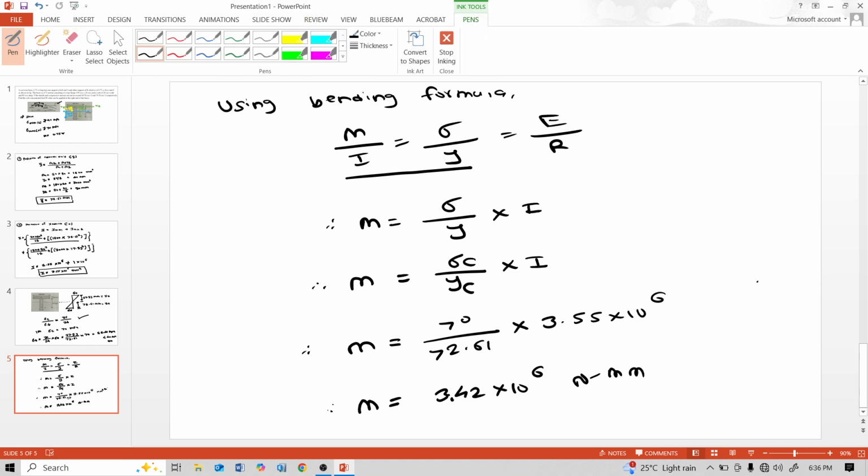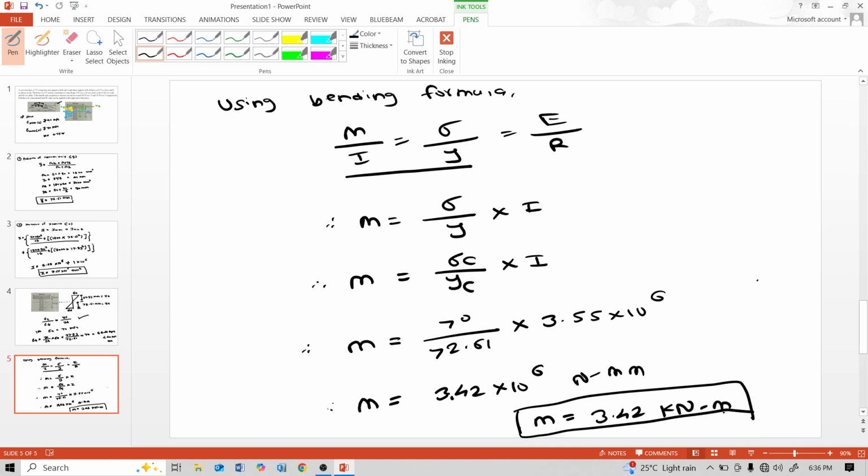Convert this Newton mm value into kilonewton meter. That means 3.42 kilonewton meter. This 10 raised to 3 gets cancelled for Newton to kilonewton, and 10 raised to 3 again gets cancelled for mm to meter. So 3.42 kilonewton meter is the moment of resistance.